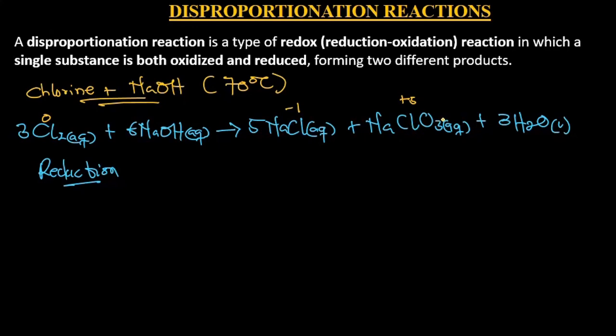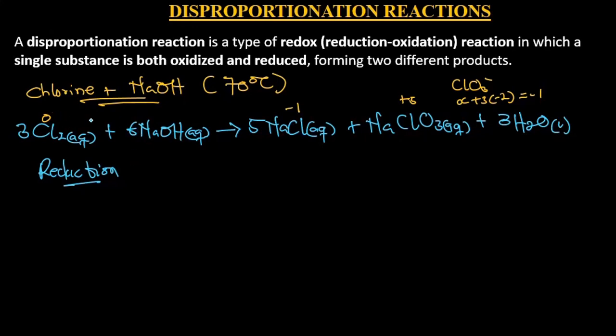Just to show you how I work out the 5, we have ClO3 minus. Remember that sodium is a spectator ion, so we're not going to include that, which means that I have X for chlorine and then 3 times minus 2, which is the oxidation state of oxygen, being equal to minus 1. Now, if you work out X from here, you get plus 5. So that is the oxidation state of chlorine in sodium chlorate.